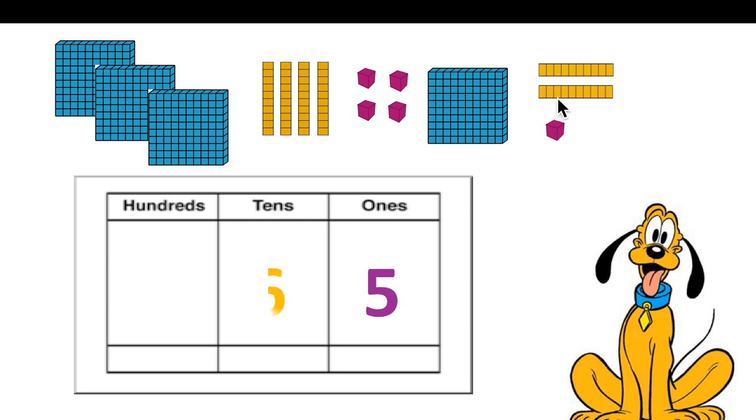How many tens blocks? 6. Now, how many hundreds blocks do we have? Let's count them. 1, 2, 3, 4. 4 hundreds blocks. Now, how do we read this number? 465.